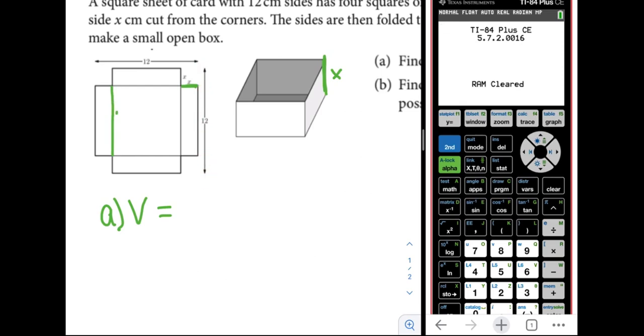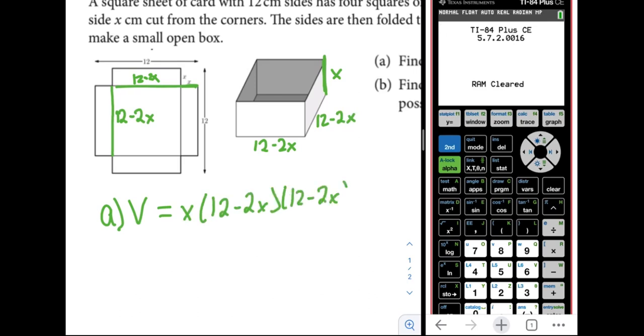So we're going to have 12 minus 2x, which is actually the same as the other side, 12 minus 2x. Okay, so we have our height and we have our width of our box. So the volume is going to be x times (12 minus 2x) times (12 minus 2x).